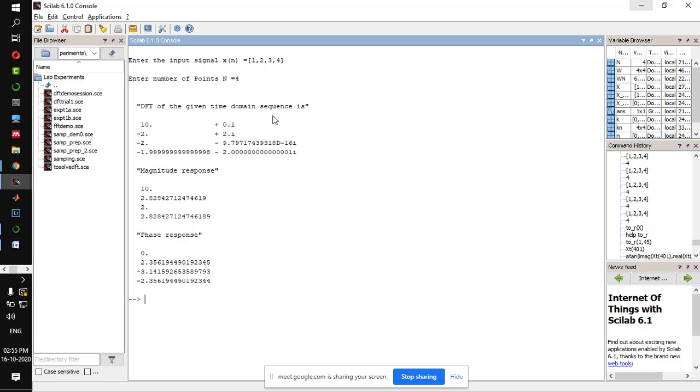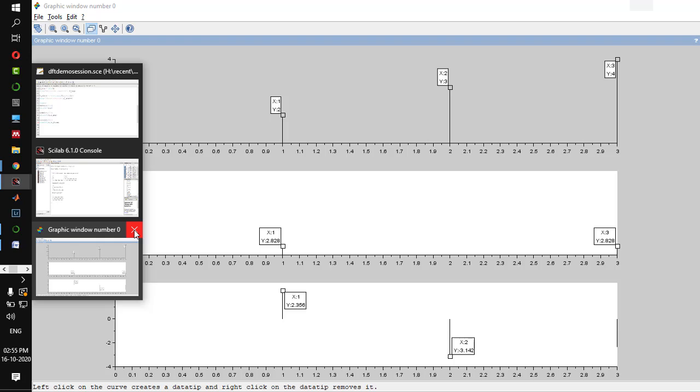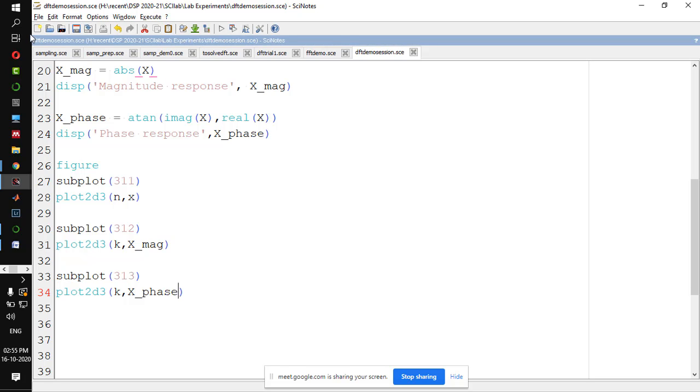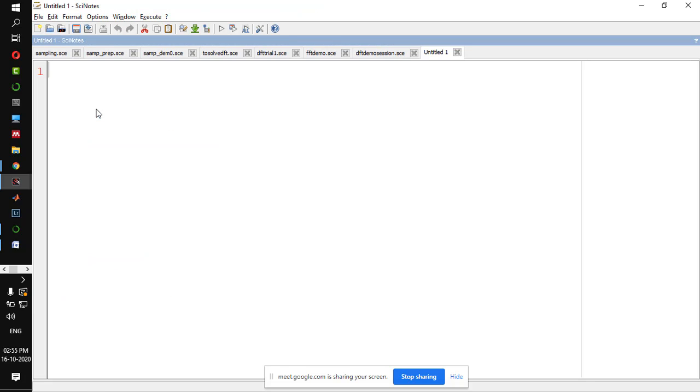Let me close the window and move back. This is not a part of your experiment, I am just trying to convince you how to visualize time and frequency. So the first 3 lines are clc, clear, close.